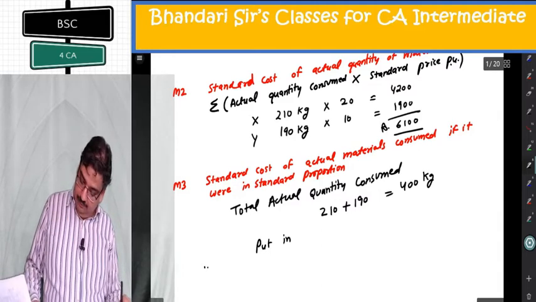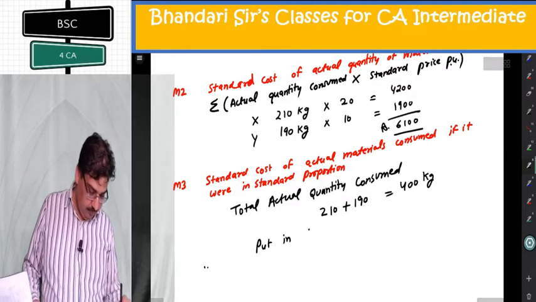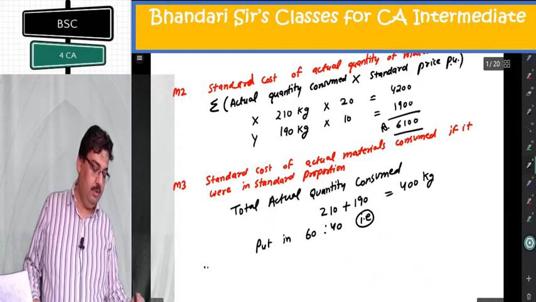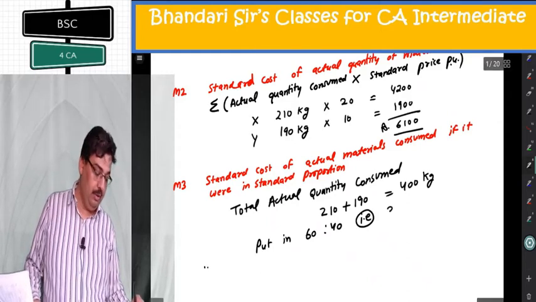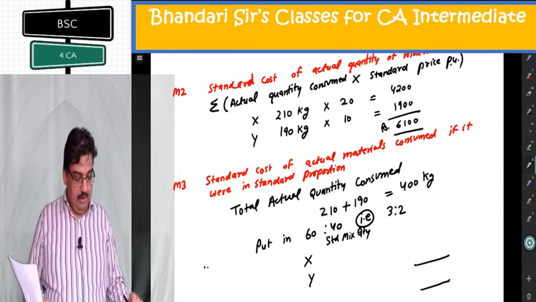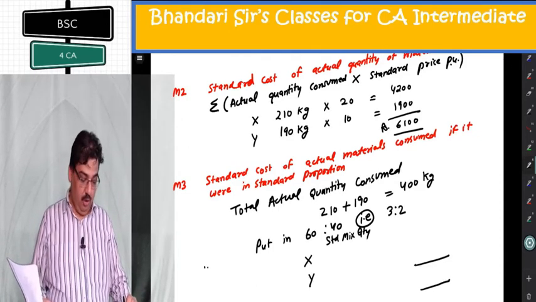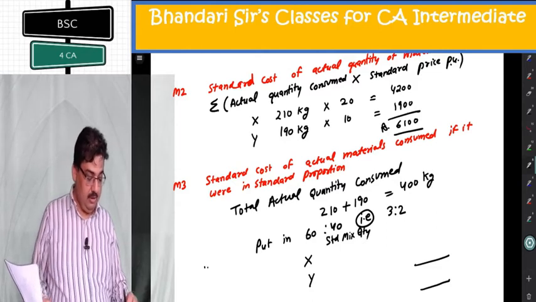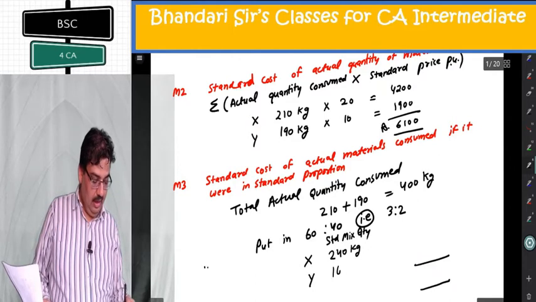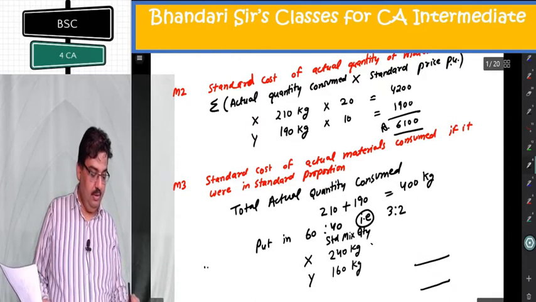Put in 60:40. 60%, 40% is the ratio given there, 3:2. 400 kg put in 60:40 makes 240 kg and 160 kg.